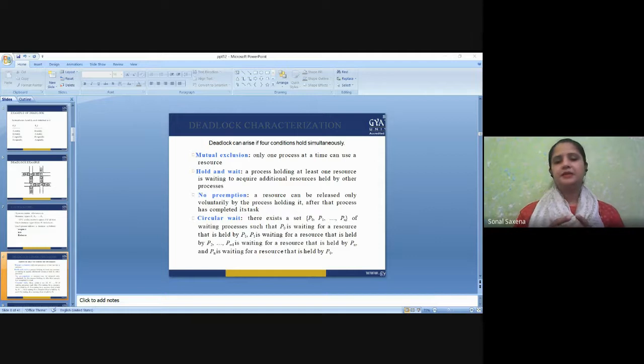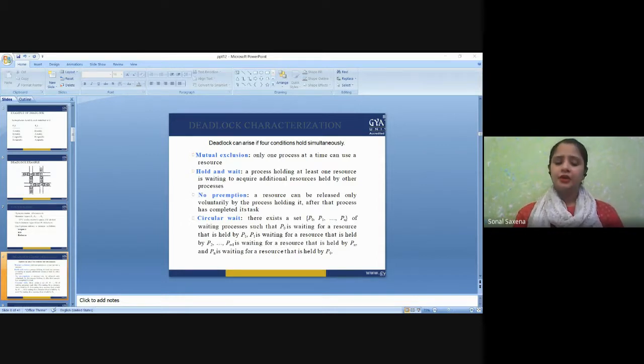So understand this thing, that there are some resources like these printers, these tape drives, these storage devices, which are required by almost each and every process. So this is the condition. These are the resources which are more prone to such kind of a deadlock condition. Else, if you are working on a read-only file, that is a different process, because not all processes are in requirement of such kind of read-only files.